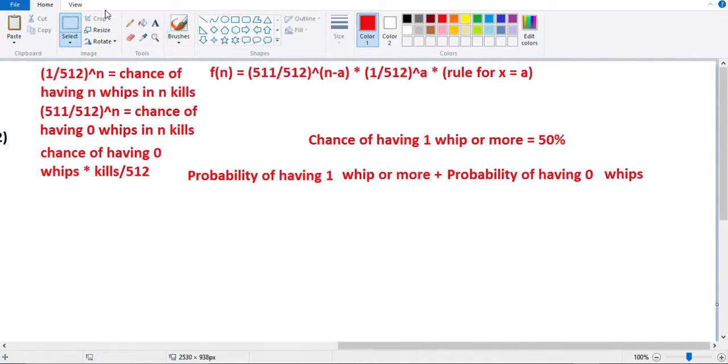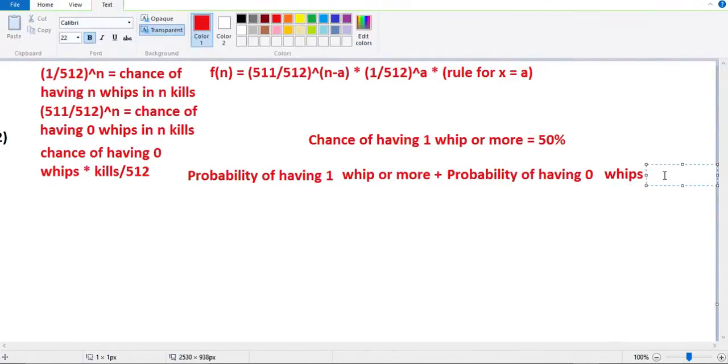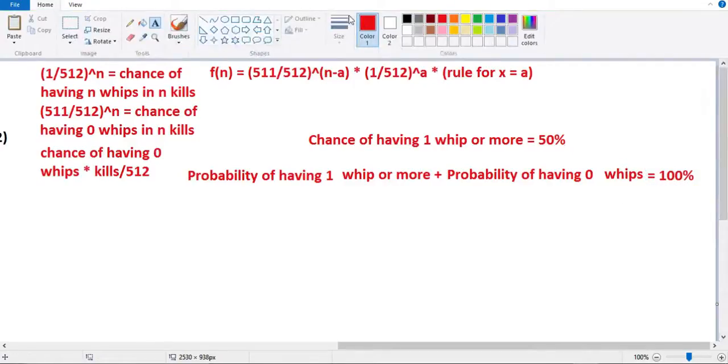We can say this is clearly equal to 100%. You cannot possibly say this is not equal to 100%. If you don't have 0 whips, you have one whip or more. How could this not be 100%? This is the most basic statement anyone could ever make, okay?